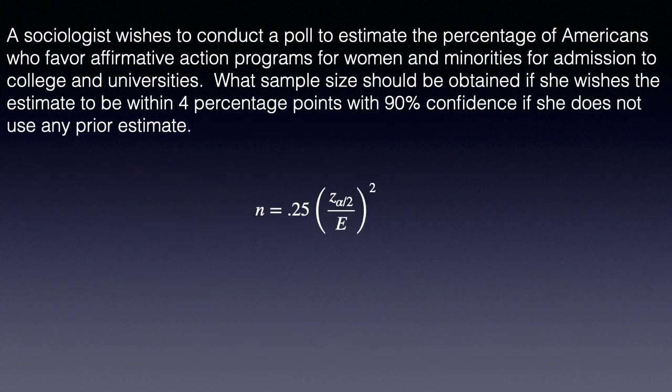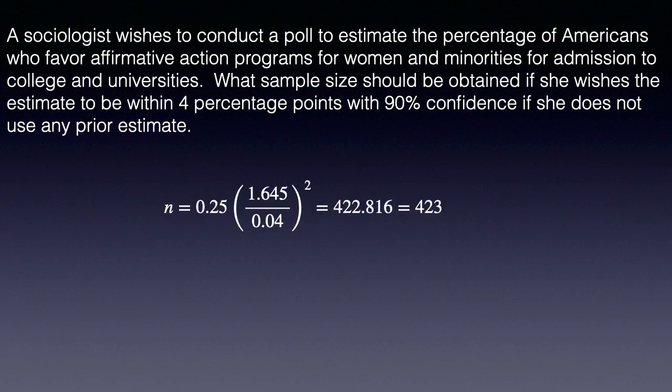Notice, same question. I'm just going to jump to this last sentence. What sample size should be obtained if she wishes the estimate to be within 4 percentage points with 90% confidence? We could have stopped right there, but notice it says if she does not have a prior estimate. Since we don't have a prior estimate, we're going to use this other formula. Plugging in the information that we have, we come up with 423.